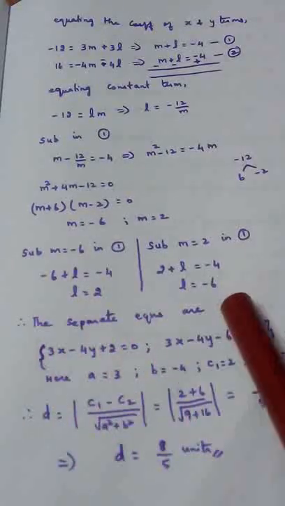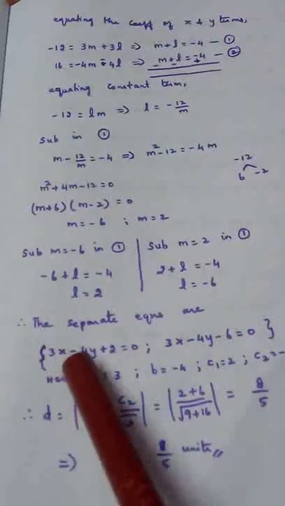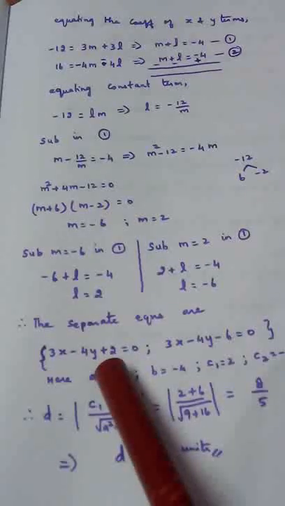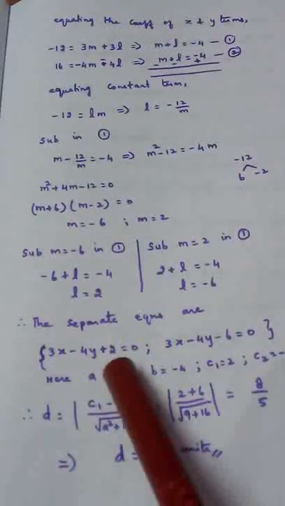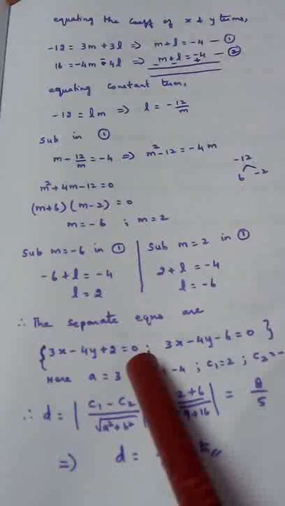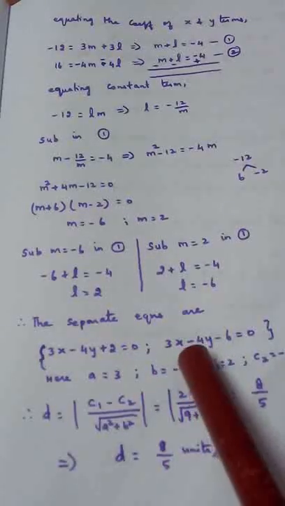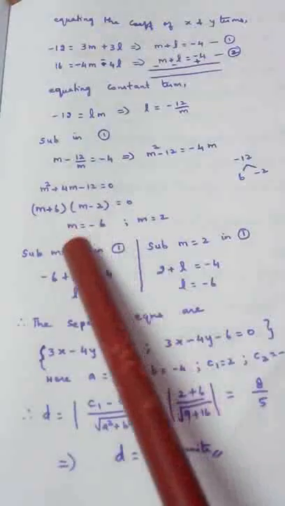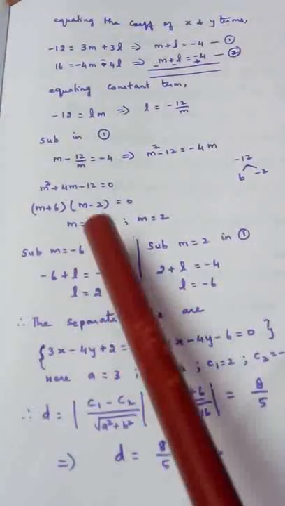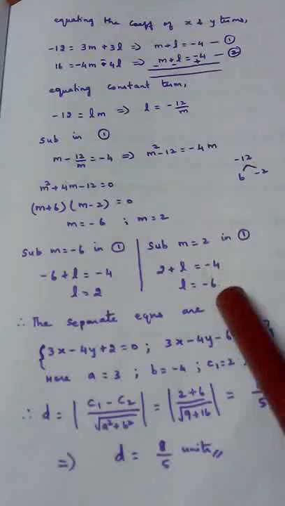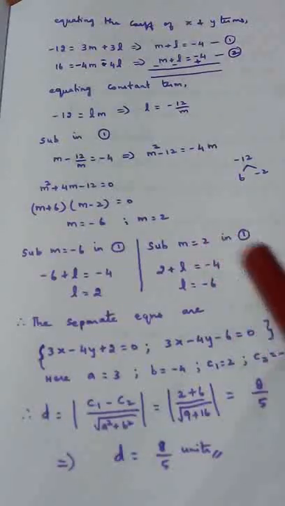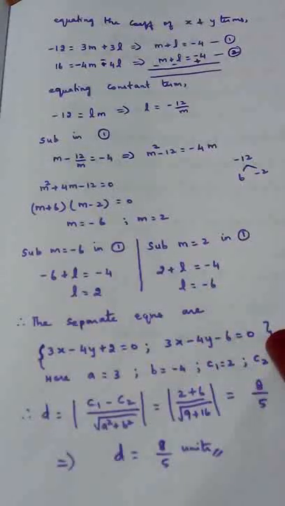Therefore the separate equations are 3x minus 4y plus L, and in place of L you put 2: 3x minus 4y plus 2 equals 0. The other separate equation is 3x minus 4y plus M, where the M value here is minus 6. So I am using this set of values. You can use these two as well, both are the same. 3x minus 4y minus 6 equals 0.